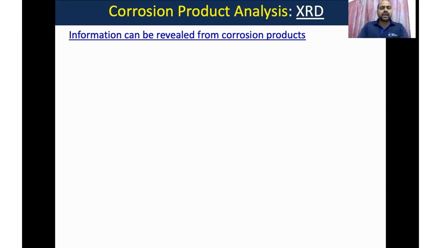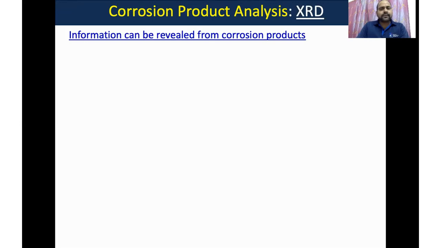Each material has a unique crystal structure, therefore for each material we can have a very unique X-ray pattern. This works on the formula n lambda equals 2d sin theta, where d is the lattice spacing and lambda is the wavelength of the X-ray.